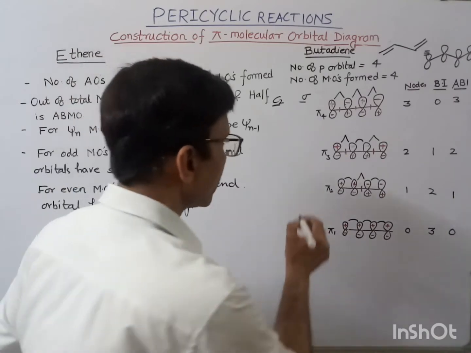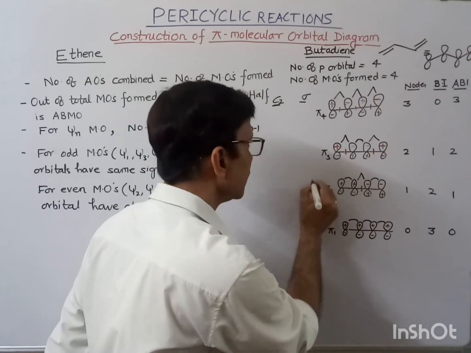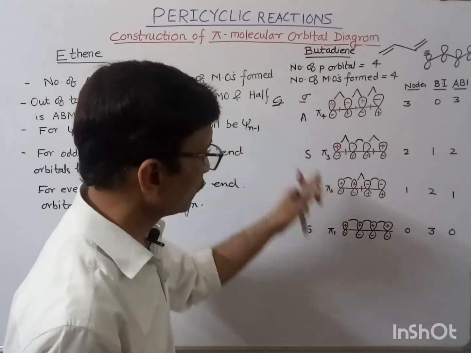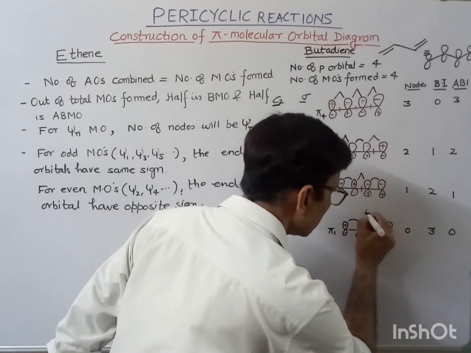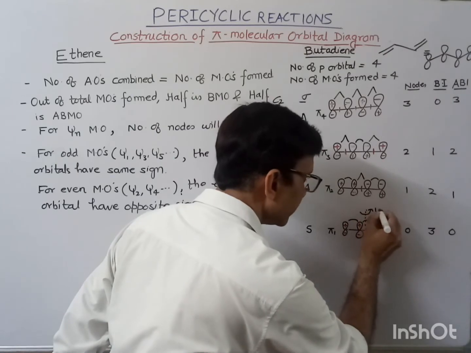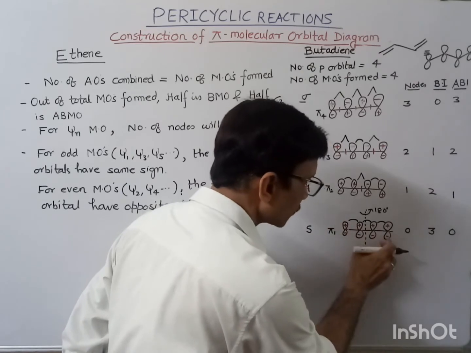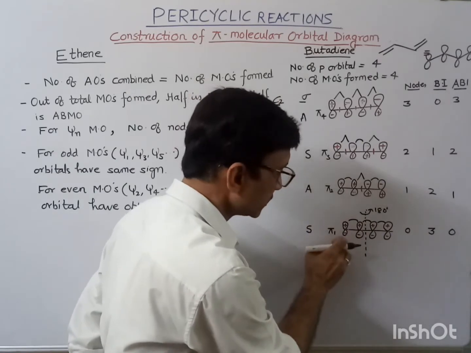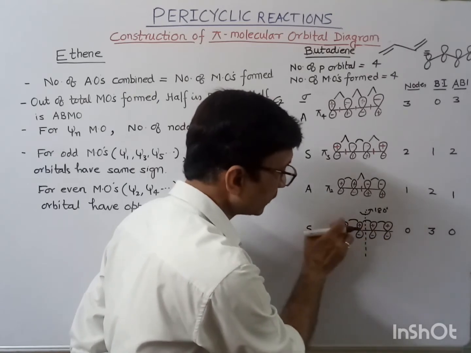This molecular orbital is antisymmetric. If you start with S, then you can write S, A, and so on, like this. And is this symmetric with respect to C2? No. If you rotate it by 180 degrees, this corner will come over here, this corner will go over there. So in place of plus you will find minus.